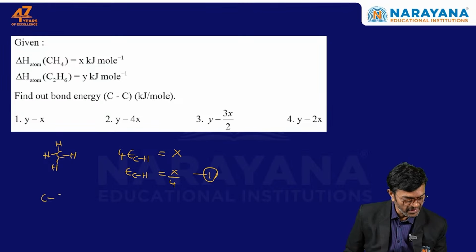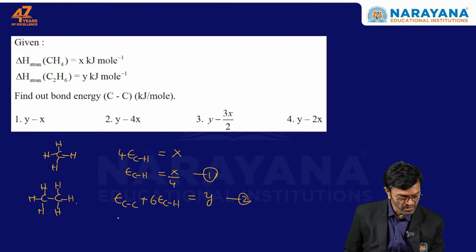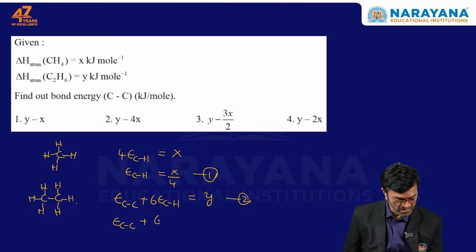And when I take ethane, ethane consists of 1 C-C bond and 6 C-H bonds, which is given as y kilojoule per mole. We need epsilon C-C. Epsilon C-H we already got, that is x by 4.